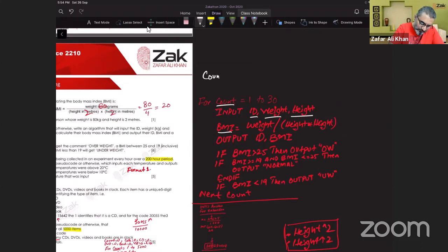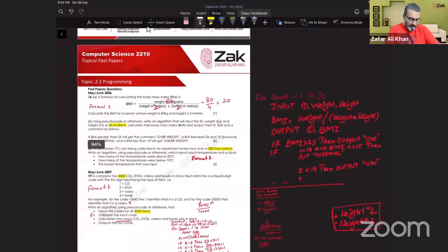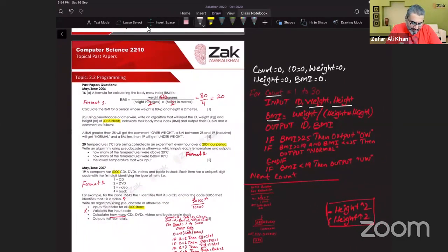So count is equal to 0, ID is equal to 0, weight is equal to 0, height is equal to 0, and BMI is equal to 0. So that's about it. So this is output with decision.